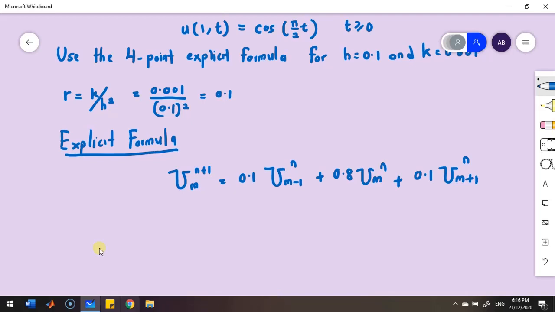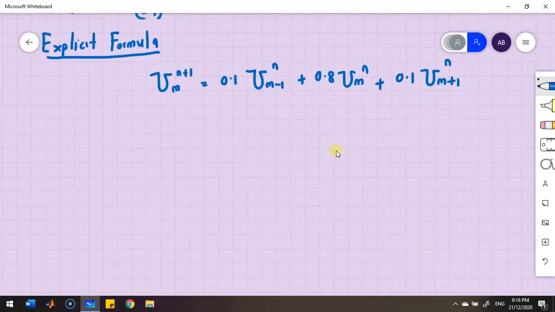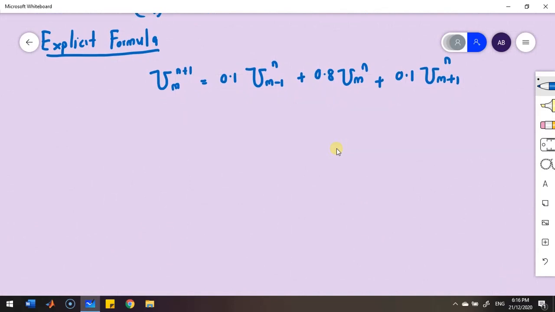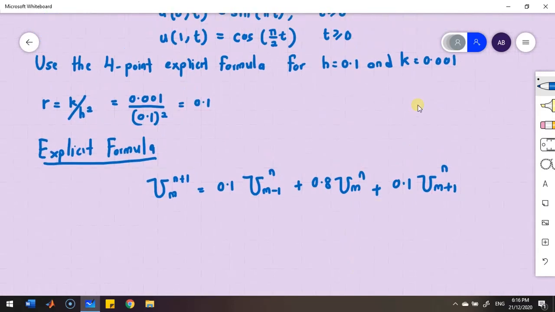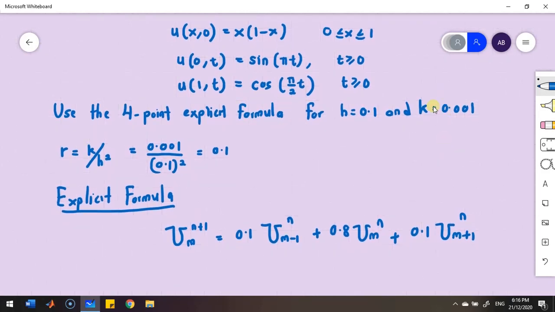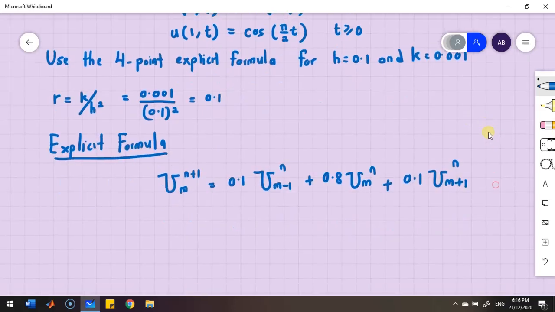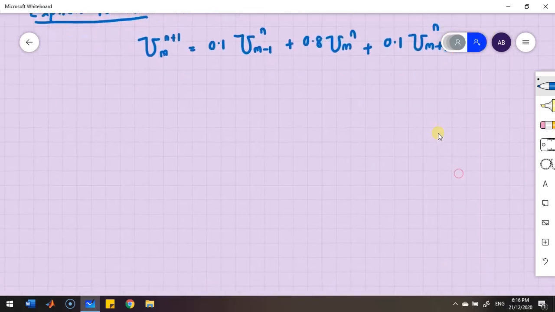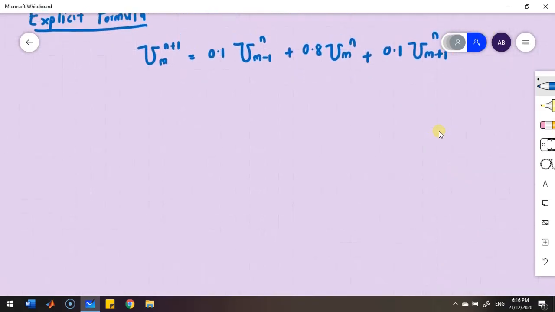Now, to do this better, I would encourage you to sketch the graph. The problem didn't tell me at what iteration to stop. All I know is I need to use k equals 0.001, with t starting from 0. So let's do this properly this time.